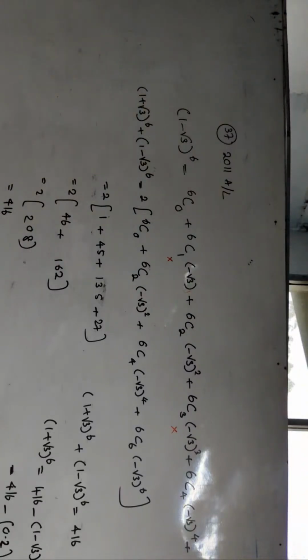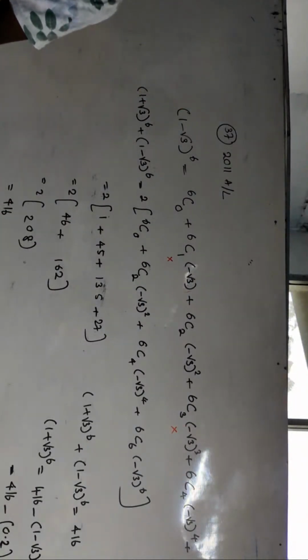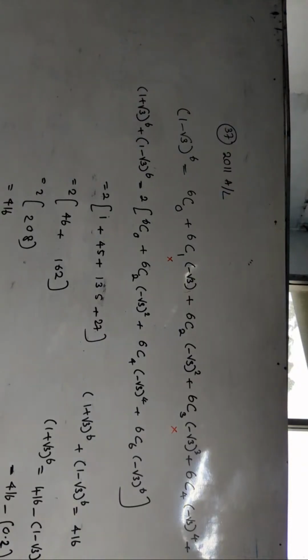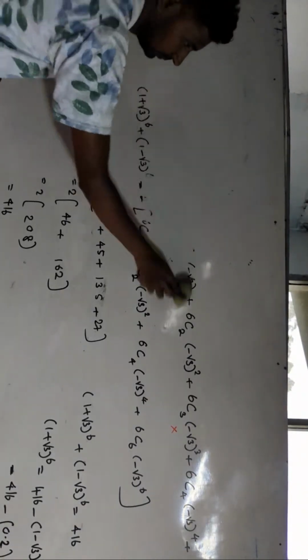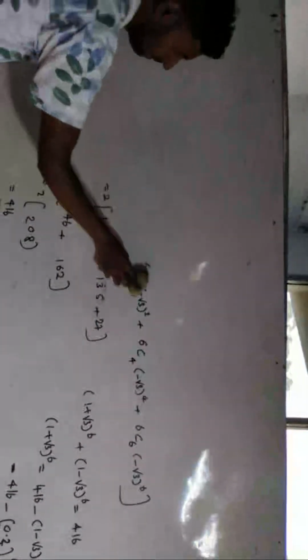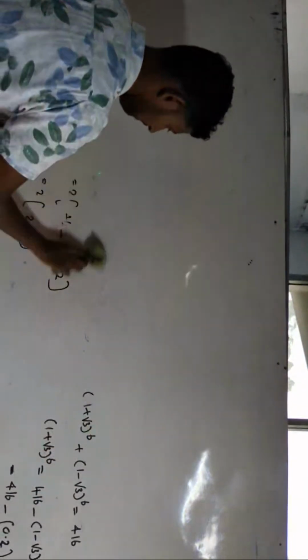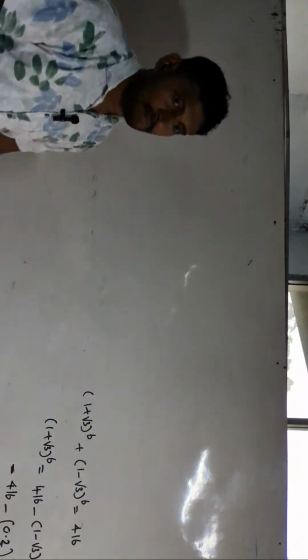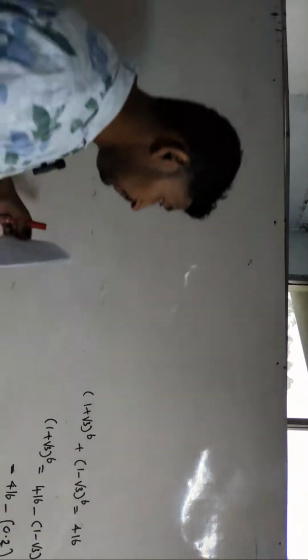So that is the first question type. Right? So that is the first question type. Here 415 point some decimals, okay?